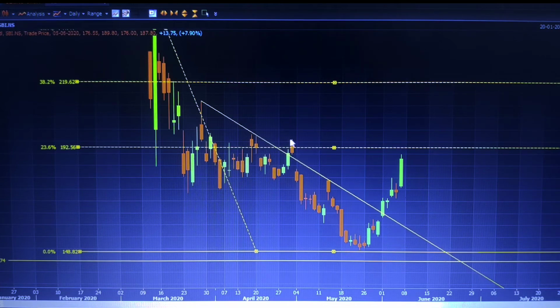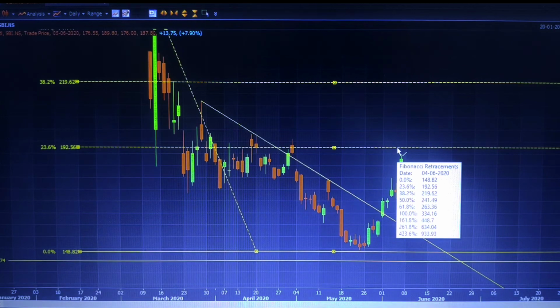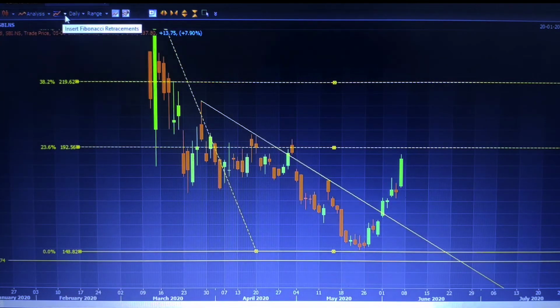This was showing around 195, and this retracement is showing around 192 to 193. They're almost the same. So SBI may initially resist at this level, and some kind of profit booking may happen from here. We can analyze this for study purposes.